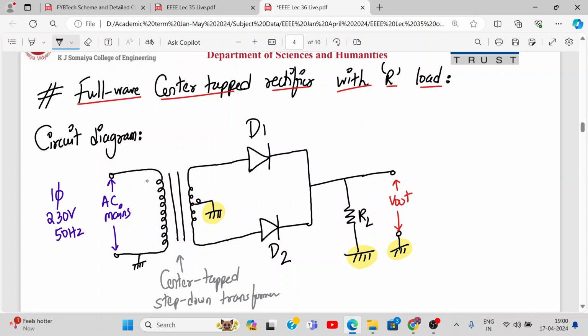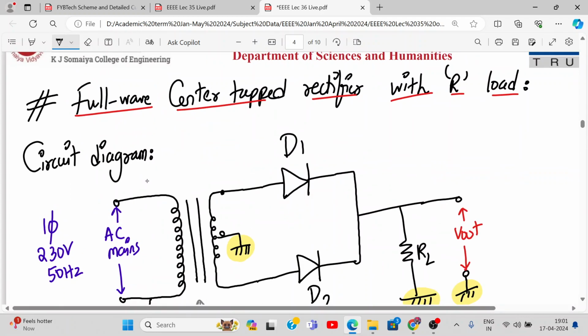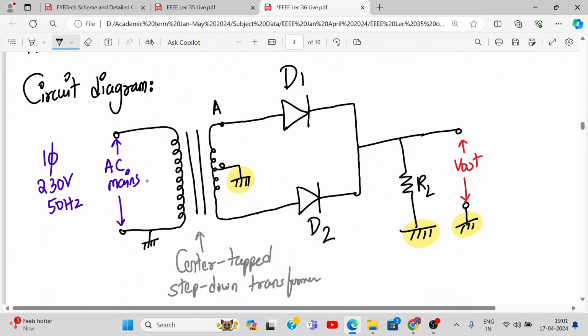Now what did I tell you? This center tap transformer converts which voltage to which voltage? High AC voltage to low AC voltage, yes or no? Now that low AC voltage gets split up into two parts. Let me call this point A, this point B, and let me call this voltage Vi by 2.